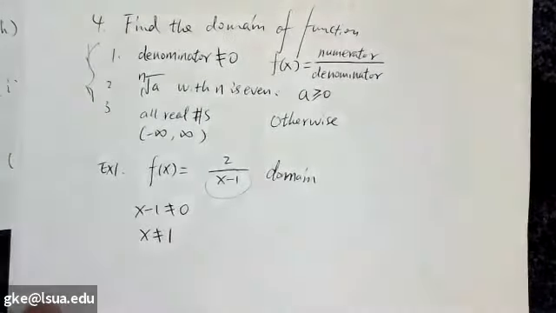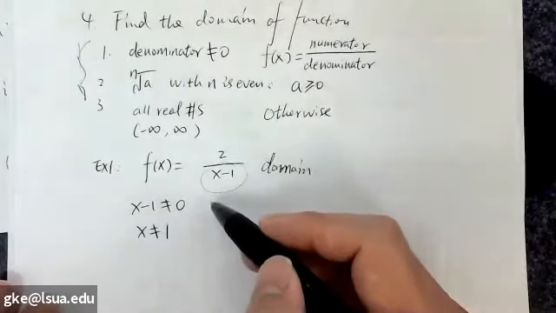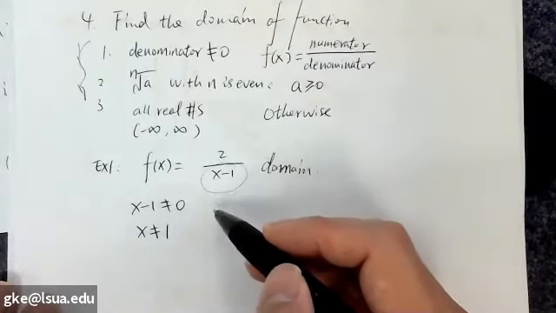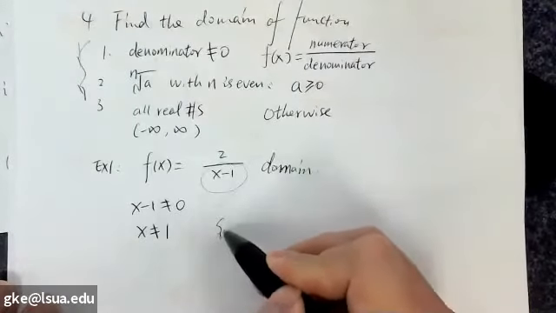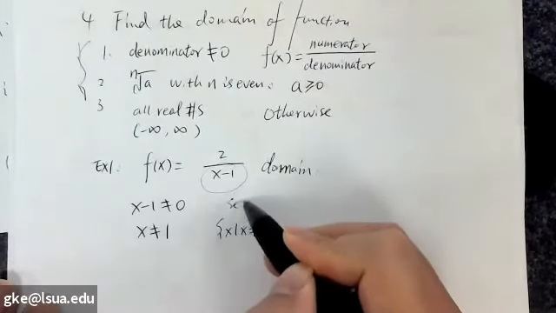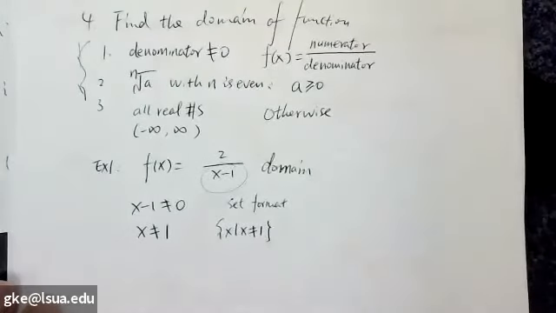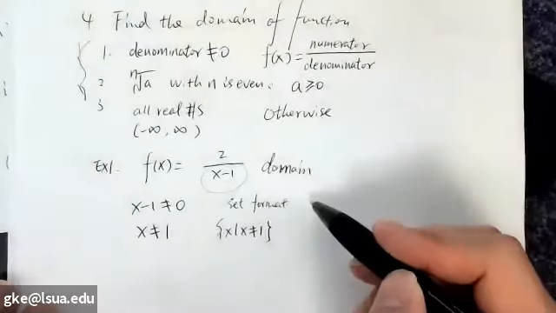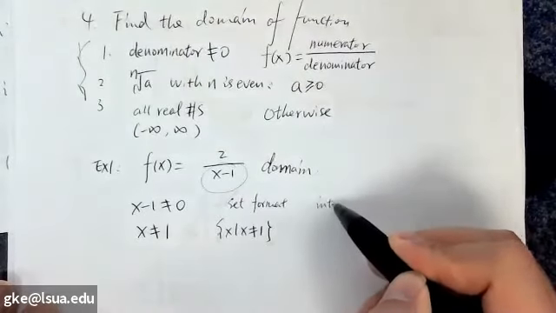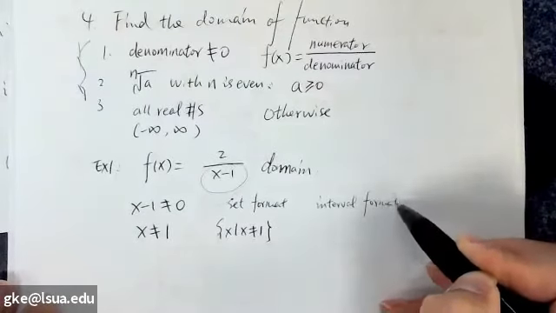Okay. And if my math lab requires the set format, you can write it this way. That's the set format, okay? And if my math lab requires the interval format, what are you going to do?